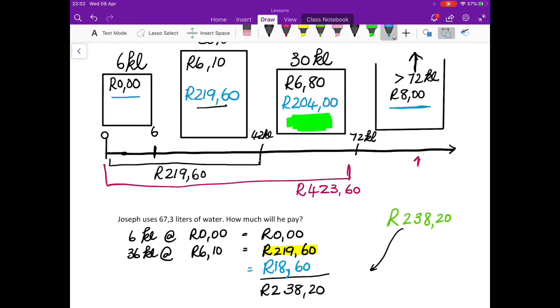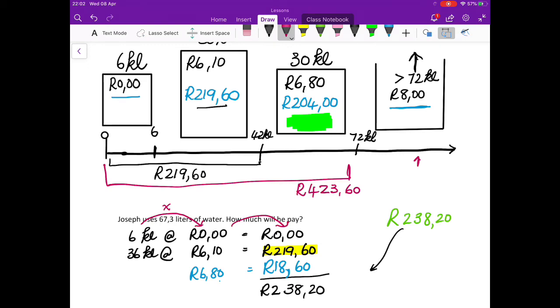And I know the water in that bucket costs 6 Rand 80. So how many buckets of water, or how many liters at 6 Rand 80 can I get for 18 Rand 60? In our first set of solutions, we went 6 times, so we multiply by that, and we will get our answer here.